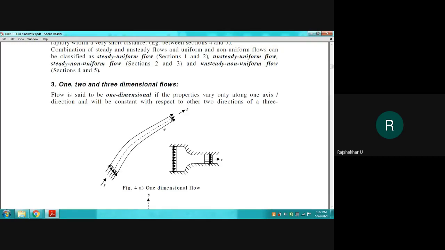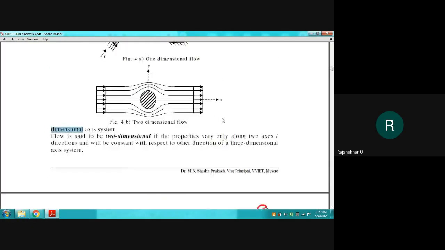Okay, we will read this out so that you get a better understanding. Flow is said to be one-dimensional if the properties vary along one axis or direction and will be constant with respect to the other two directions of the three-dimensional axis system.